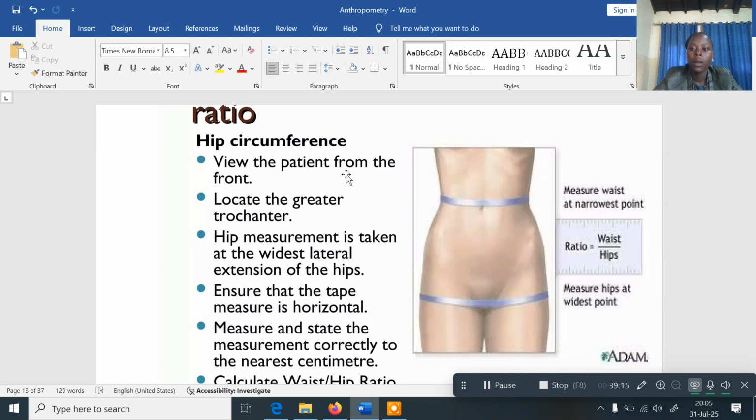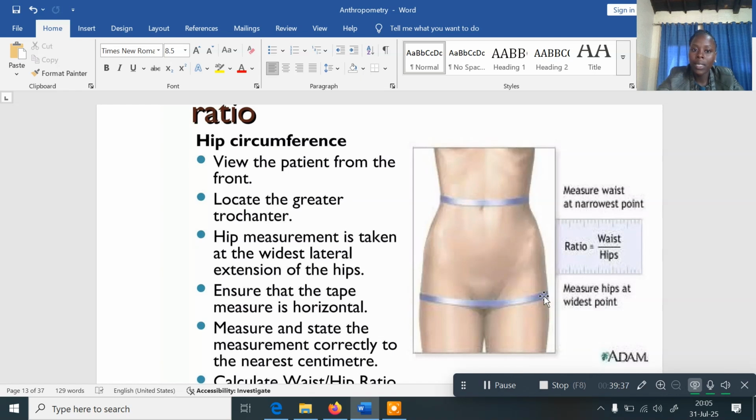But for hip circumference, you're going to locate the greater trochanters. The greater trochanters are also at the pelvic bones, so probably you can revise your anatomy for these bones.